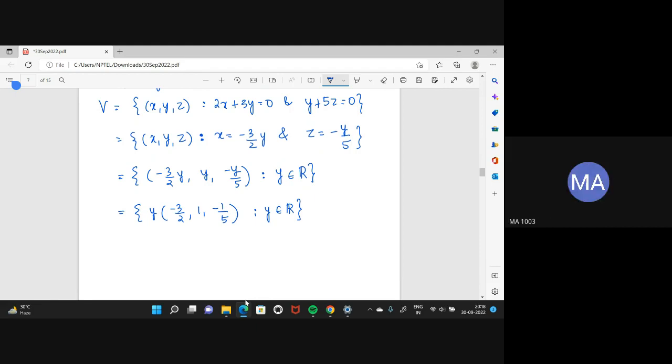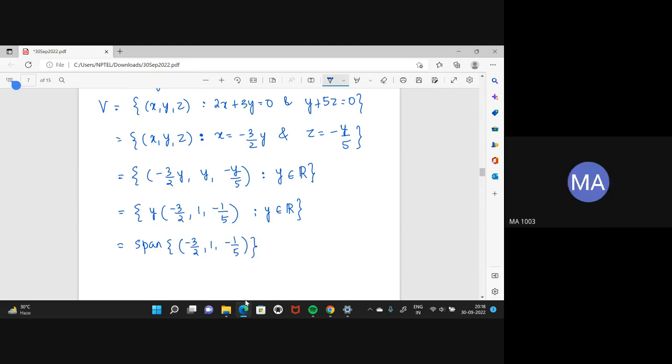What is this set? Can you write it as the span of something? Span of the vector minus 3 by 2, 1, minus 1 by 5.